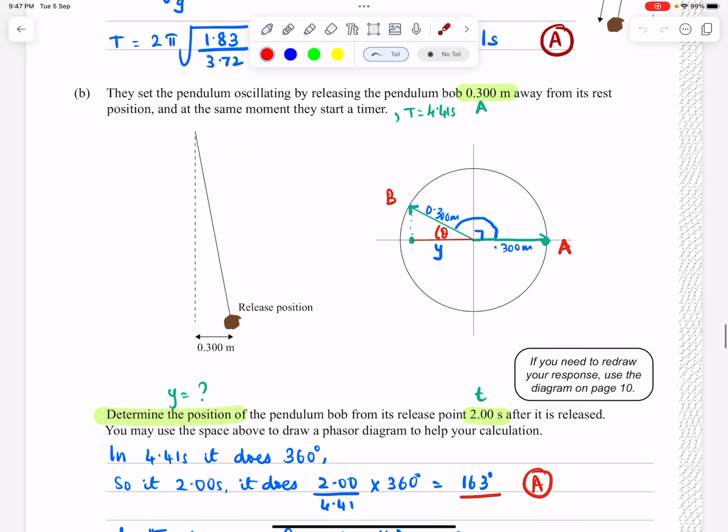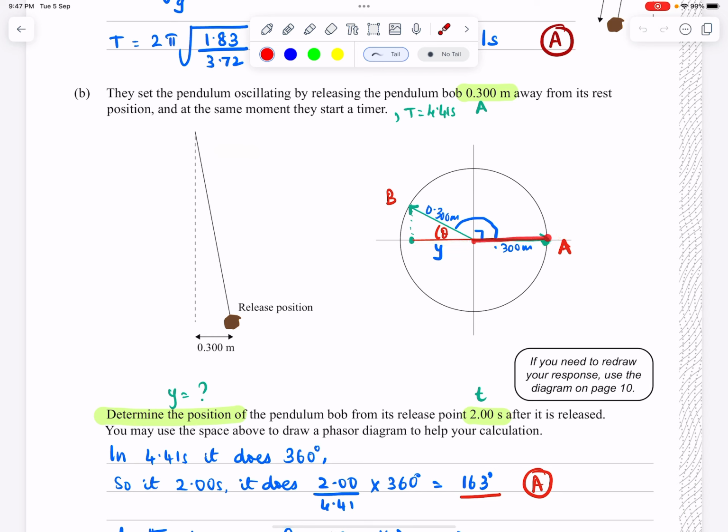So this is where they release it from, and how do I know if it goes beyond halfway? Because the total time taken from one end to the other and back is 4.41 seconds. So to go from one end to the other end, it takes about 2.2 seconds, and it takes a little over 1 second to go from there to the center. So it's actually gone from A to this point here.